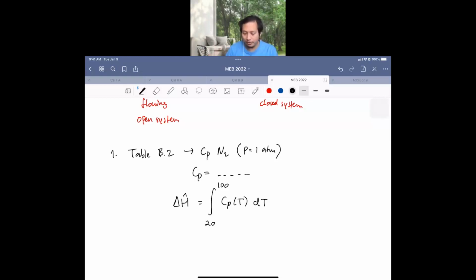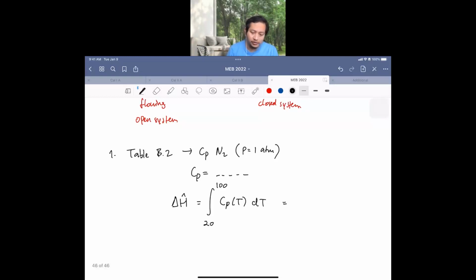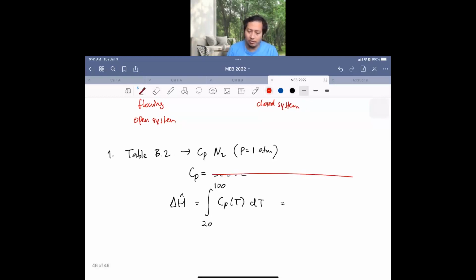I believe you just need to plug into your calculator and carefully write the correct equations. Usually the Cp has a long equation with some variables. This will be equal to 2.322 kilojoule per mole.